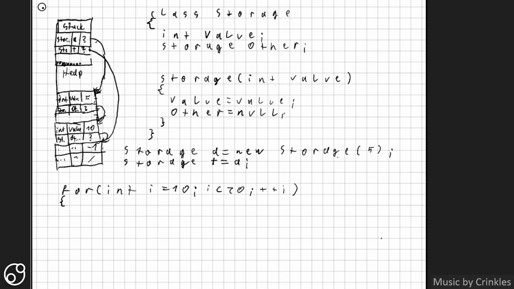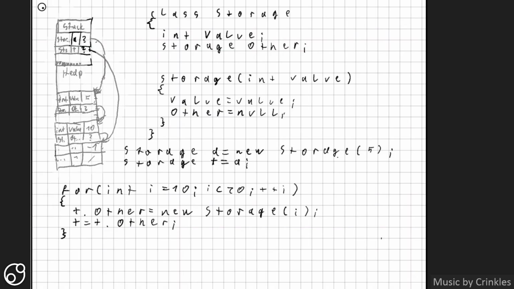And what we're going to do is we're setting t.other to a new storage, not structure, storage, i, and then setting t to t.other. And I'm gonna remove this now, because that's not gonna help us anymore.